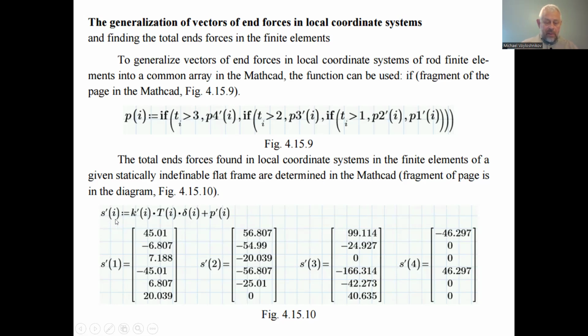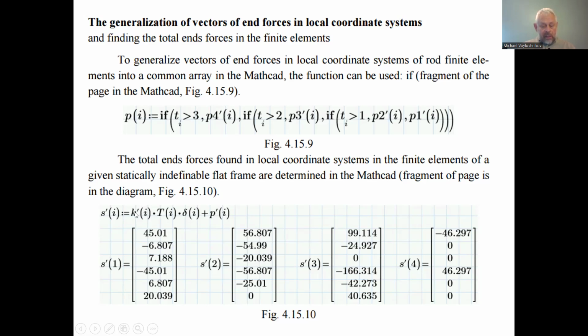The forces in the finite elements of number I. This is a vector function, dependent on I, the number of the finite element, equal to K, the stiffness matrix of the finite element in the local coordinate system with the stroke, which we predefined before, in this lesson, dependent on I, on the number of the finite element, because the type of element depends on I.